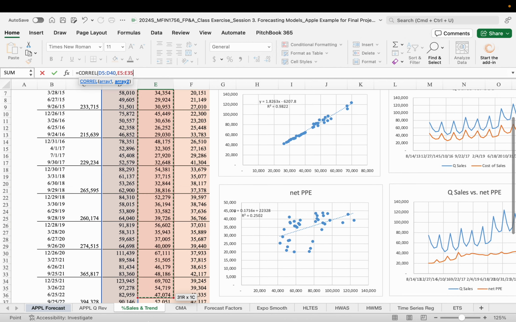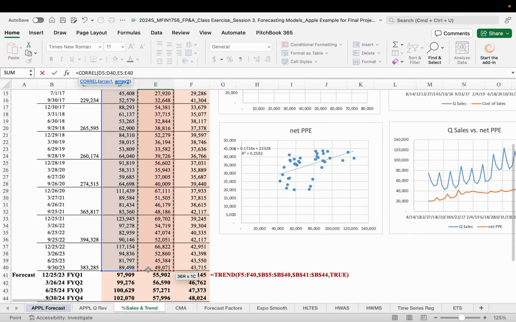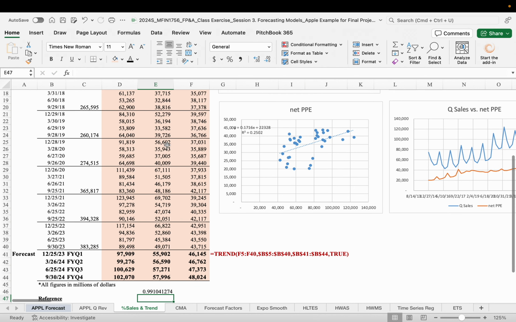That's why the Excel function shows just the array, not known y or known x. So here, the correlation between these two is 99%, right? That's why you can use percentage of sales when you project the cost of sales compared with the quarterly sales, right?